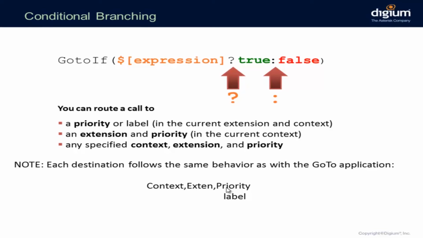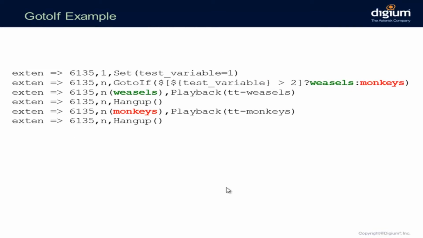Then we have, I forgot how you call this sign. How do you call this sign? Colon, right? Colon. So then we have the colon and the destination for false. So what happens when that is not true? Where do we go? So we set up the destination here. Let's see an example of that. So we have extension 6135, setting up a variable, test variable equal 1.